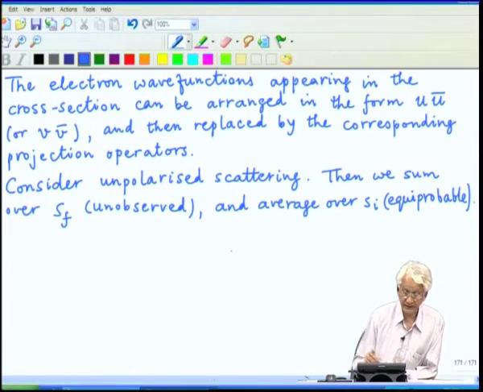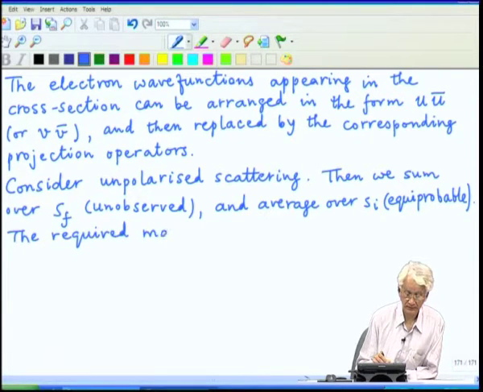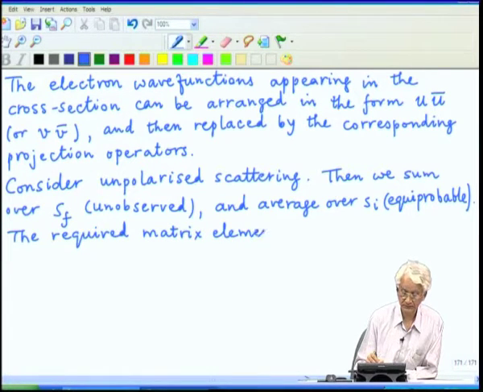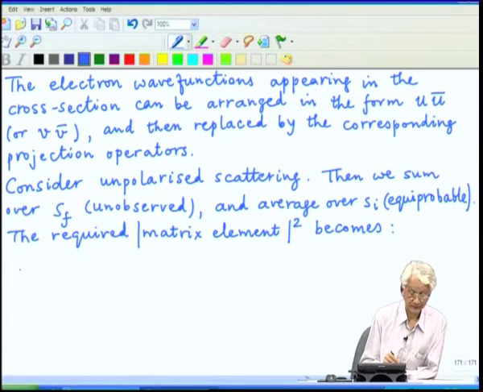And so, we have the form. So, the required matrix element absolute value square becomes 1/2 coming from the average and the sum over both Si and Sf.